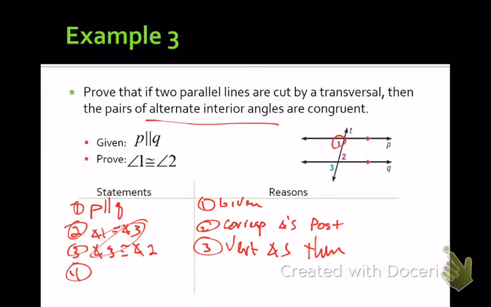Or you can use substitution. Either one. We can say angle 1 is congruent to angle 2, and that's by either transitive or substitution. It all just depends on how you see it, but either one would be fine. And there we go. We've just proven the alternate interior angles theorem. We've shown that the alternate interior angles 1 and 2 are congruent without ever actually using the theorem. So alternate interior angles are congruent. We're good to use that.